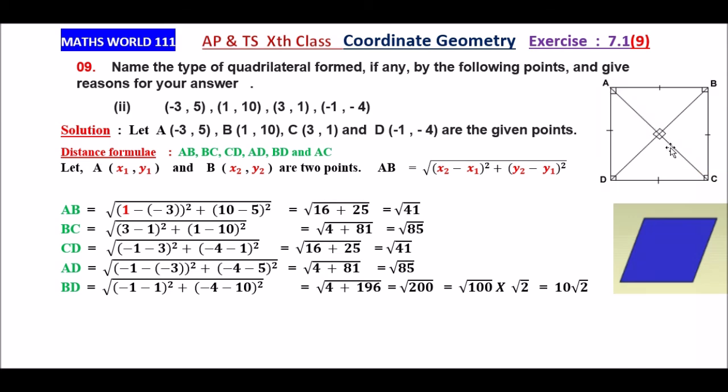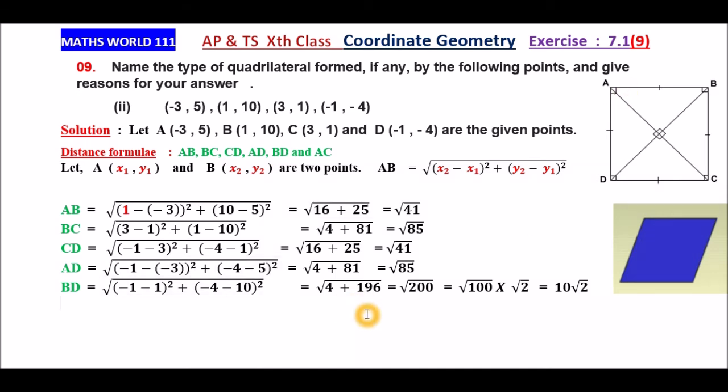AC is nothing but the distance between the points A and C, where A is (-3, 5), the first point. So x1 is equal to -3, y1 is equal to 5. C is (3, 1), so x2 is equal to 3 and y2 is equal to 1. So simply substituting these values x1, y1, x2, y2 in the formula, we get AC.